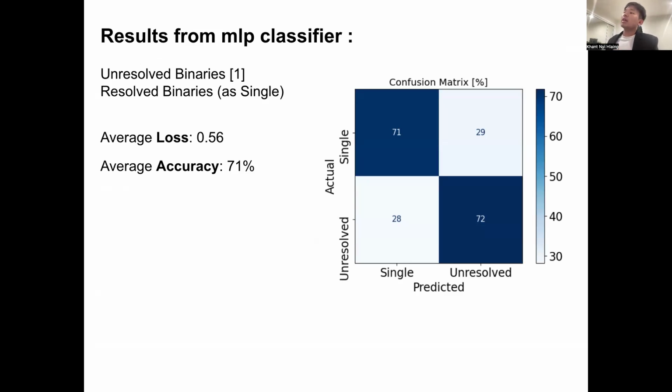If you look at the main diagonal, the bluish ones, those are the ones that I'm classifying correctly. So basically, it means that if the actual data is identified as a single star, the MLP is predicting the star as single, and it goes the same for the unresolved binaries.